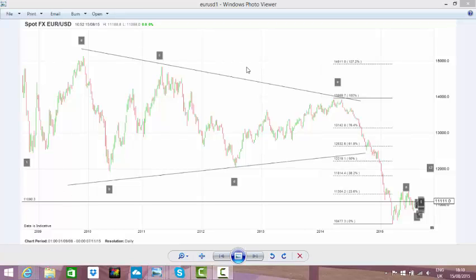It traced out 5 waves in A, B, C, D, E, which finished up in the middle of April, let's say, 2014. Since then, as you would expect from a wave 3 down, it's this large, very fast and sharp decline into the low of March this year.